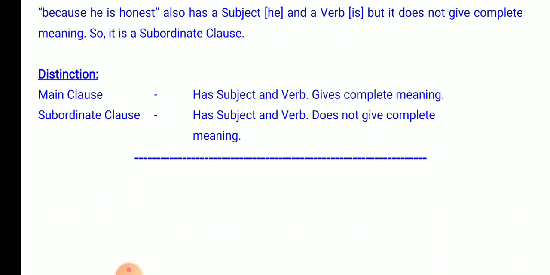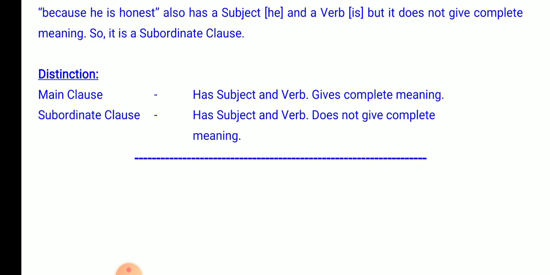The main clause has a subject and a verb. The subordinate clause also has a subject and a verb. What is the difference between these two clauses? The main clause gives complete meaning, but the subordinate clause does not give complete meaning.